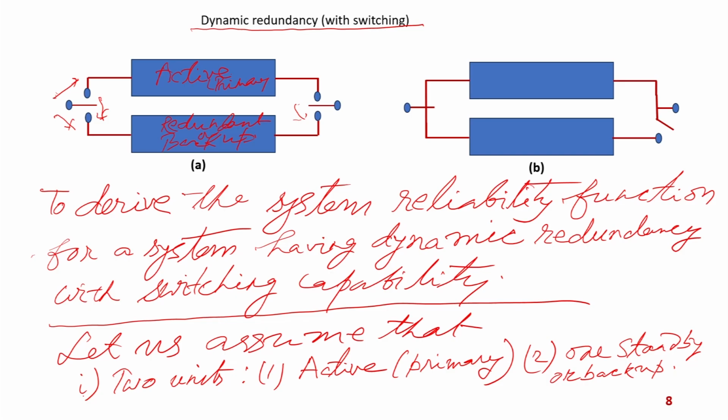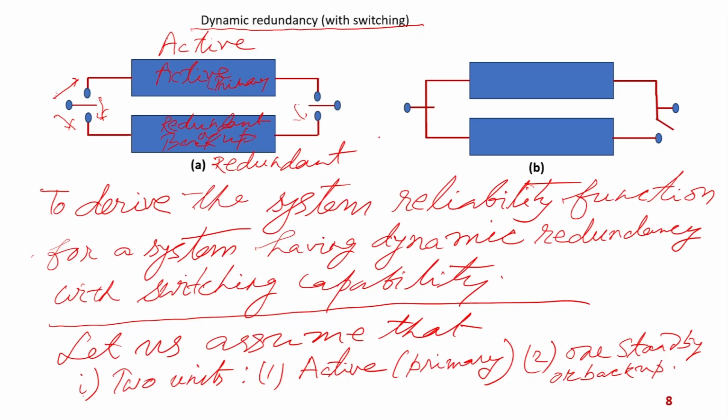Then we considered the dynamic redundancy with switching, as I mentioned at the beginning. If you see, this is a single pole double throw switch. This is the active or main system, and this is the redundant one.